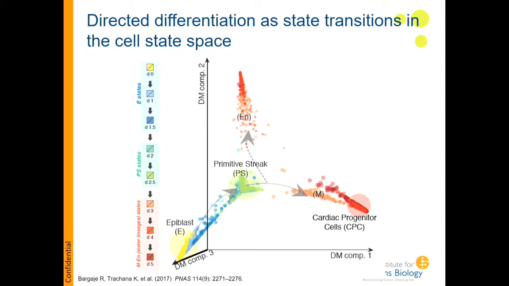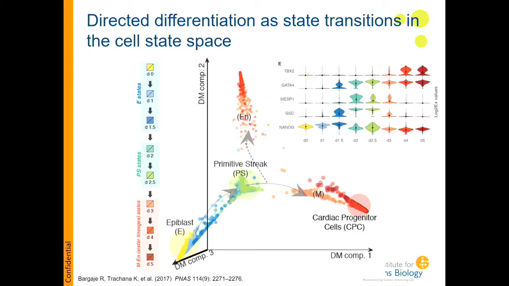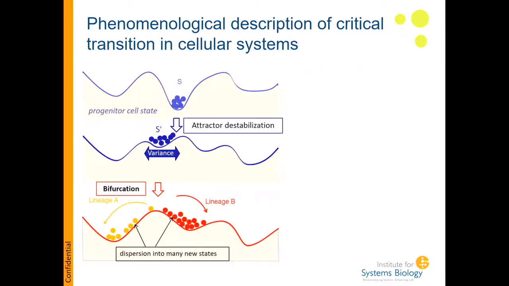But once they start seeing activin A, they start to migrate towards the next stage of differentiation, which is much more like a primitive streak-like stage. And once they start seeing BMP4 and CHIR, they bifurcate into either an endodermal lineage or a cardiac mesodermal lineage. And of course, we know all this because we know which genes are expressed at what stage of differentiation.